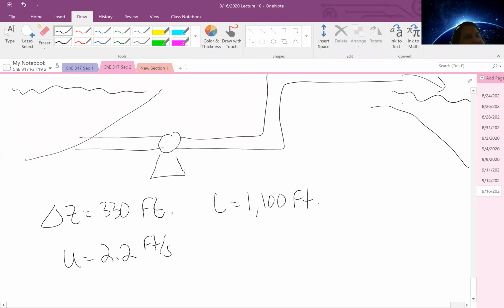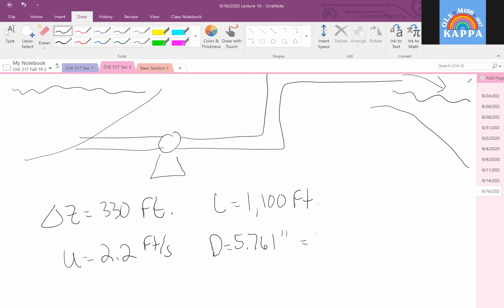It's a 6-inch Schedule 80 pipe. So it's a pretty honking pipe, which means the diameter is 5.761 inches, which is approximately 0.48 feet.